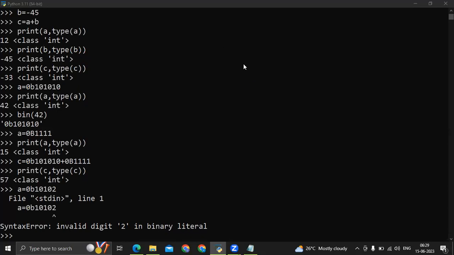Now let's go ahead with the octal number system. Let's go ahead with the examples of the octal number system.